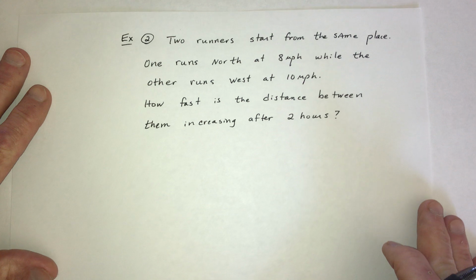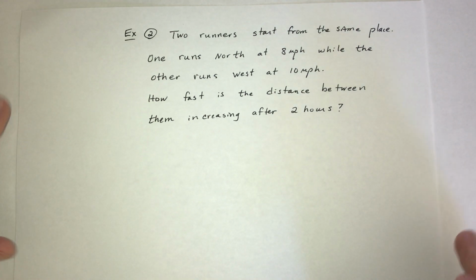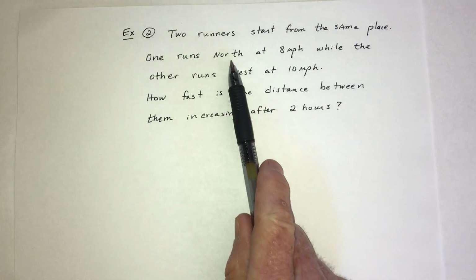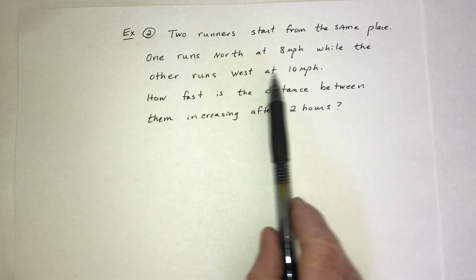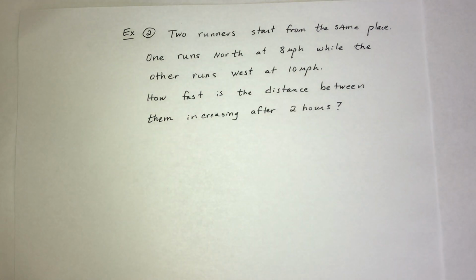So with these, they've got quite a few words, so I went ahead and wrote them out first. So there's these two runners. They start from the same place, and I guess they don't really like each other because they started running in different directions. One person goes north, 8 miles an hour. The other one goes west, 10 miles an hour.